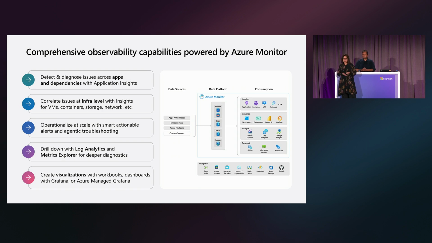And you can drill deeper with log analytics and metrics explorer. And you can use all of this to operationalize at scale with smart alerts, agentic AI, and AI-powered troubleshooting. We're going to touch on some of these capabilities in today's session and see how you can simplify operations and solve your business challenges.